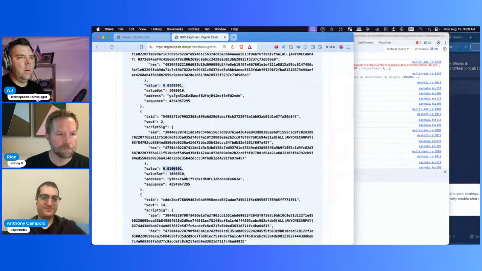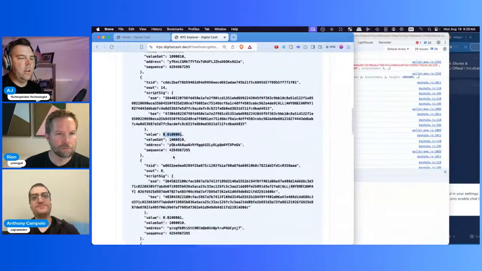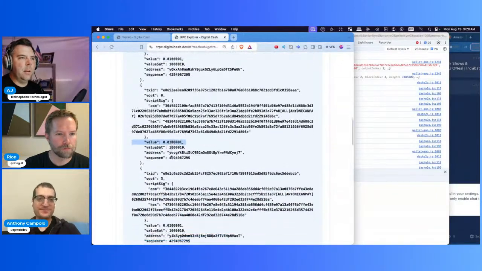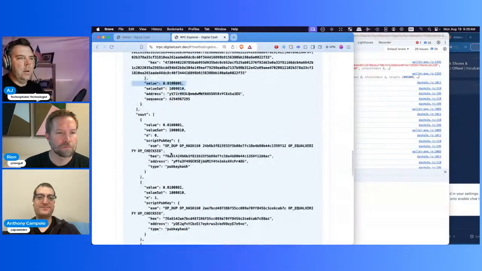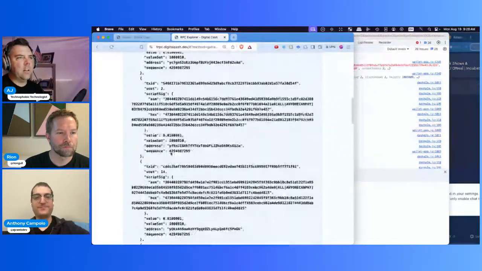There's a value, there's a value, there's a value. We can expect several of these because there's others connected. There's a value. And so you can see from this that it was in fact a CoinJoin transaction.